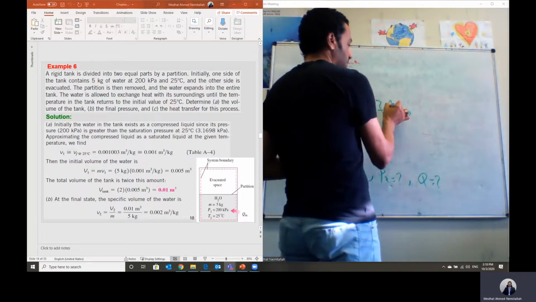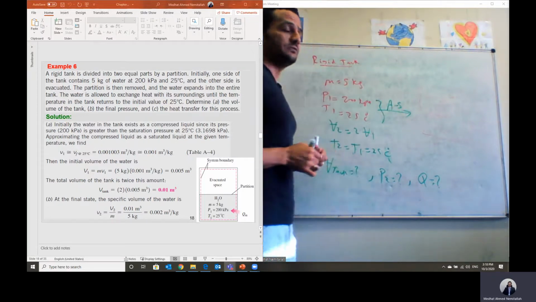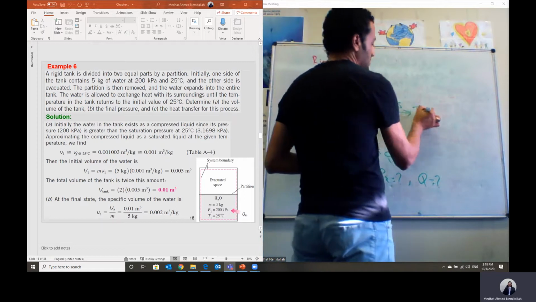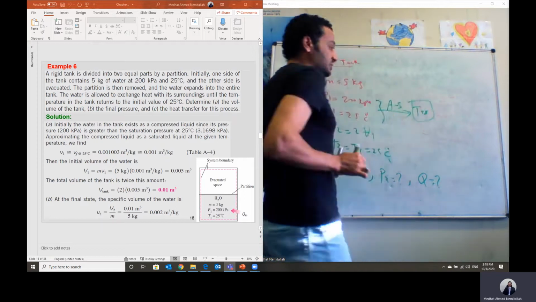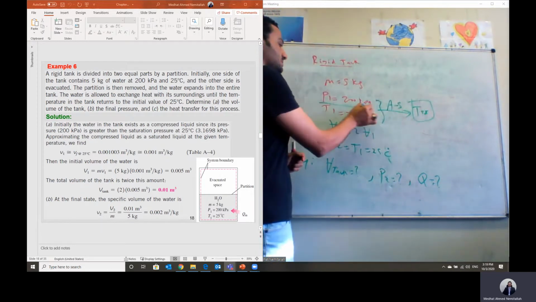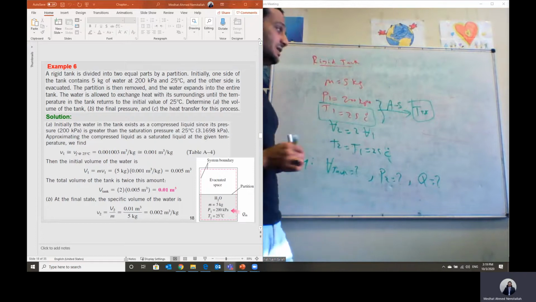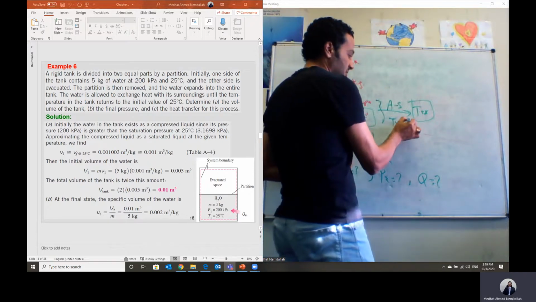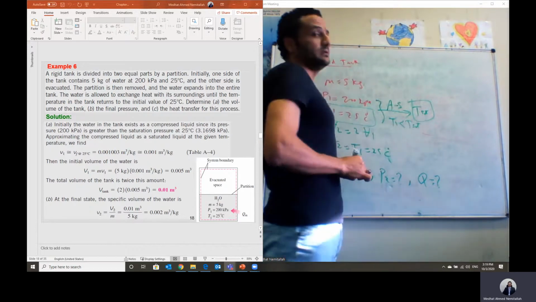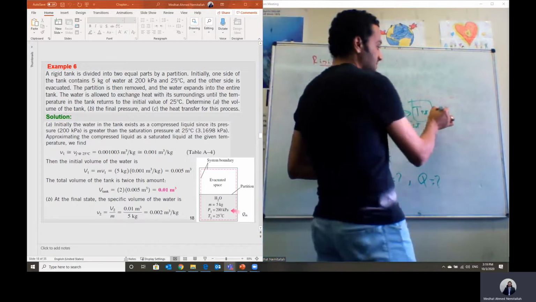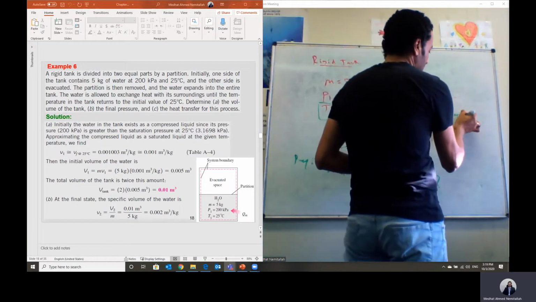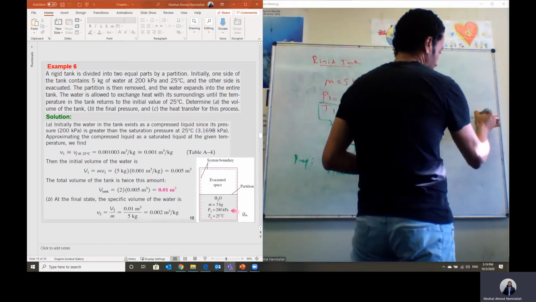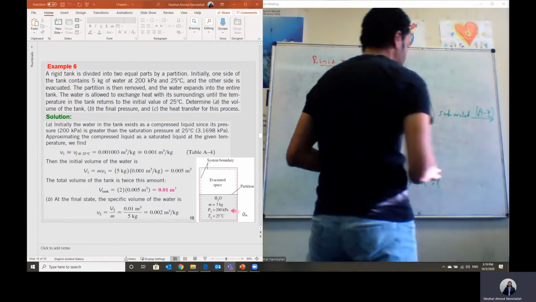With this value of pressure, we can use table A5 and get the saturation temperature, T saturation. Compare the saturation temperature with the given temperature. You will find that the temperature T1 is less than T saturation, so the state is subcooled, and as it is subcooled, I have to use table A7.